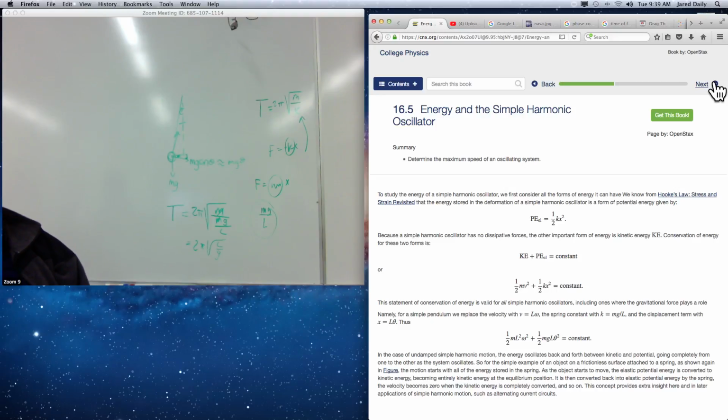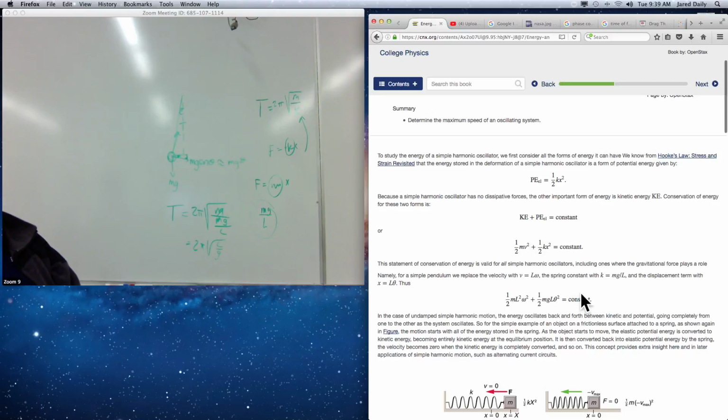But you can also have gravitational potential energy in a pendulum. In that case, it's 1/2, because you're replacing k with mg over L, like we did here. K is equal to mg over L. Then you replace the k in the 1/2 kx squared with mg over L.